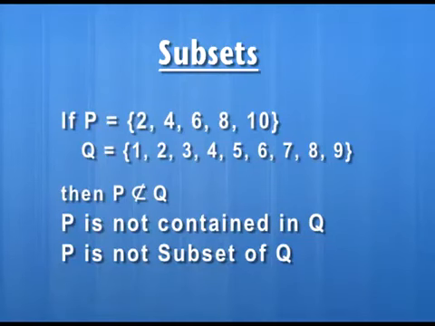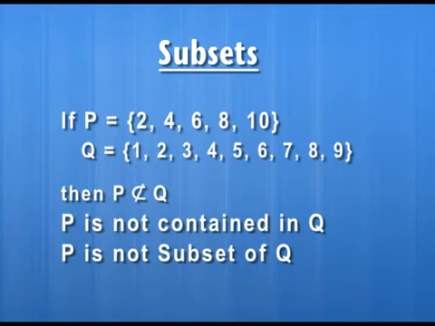Now, let us include one more element in set P. Now, set P will have 5 elements 2, 4, 6, 8 and 10, and the set Q remains the same. Now, what do we observe?